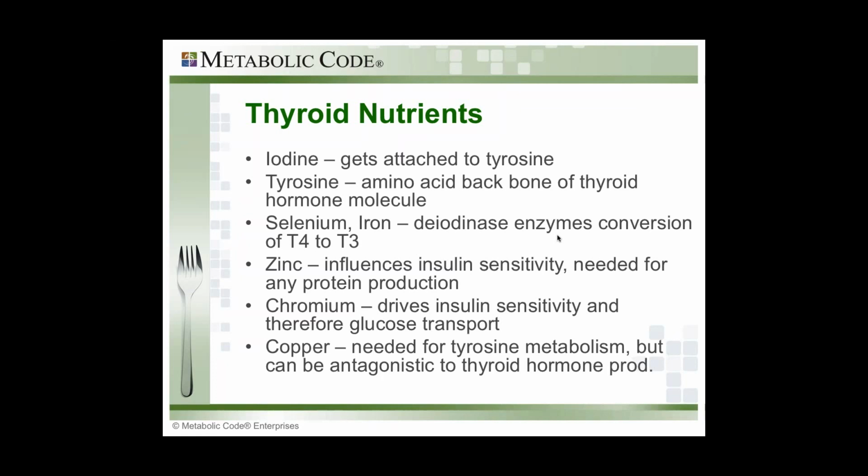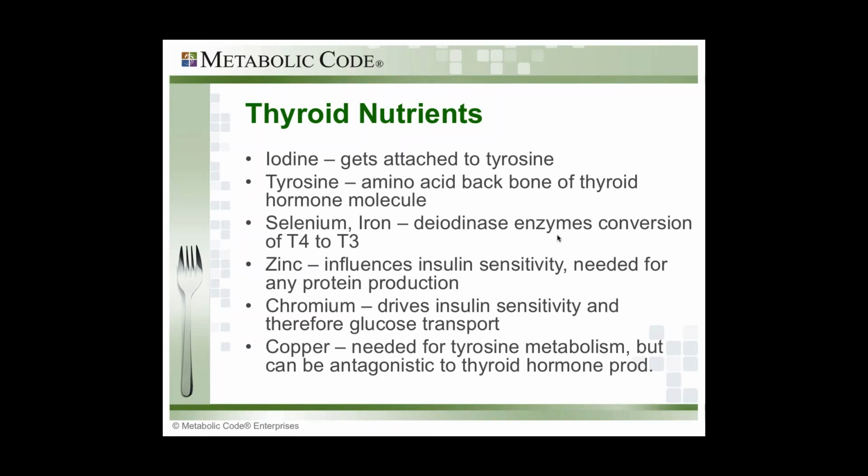Then you need selenium and other trace minerals that work with the deiodinase enzymes that take off one of those iodine molecules to convert the T4, which is like the stored form of thyroid hormone. It stores in the gland itself and in the liver, and then it gets converted to T3 as we have adequate nutrients to do so.